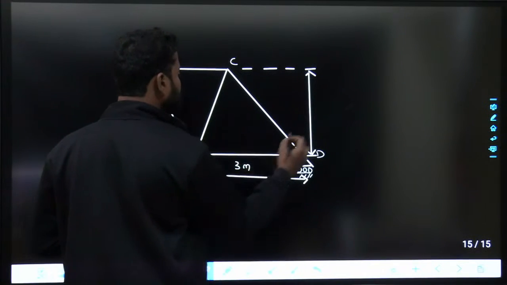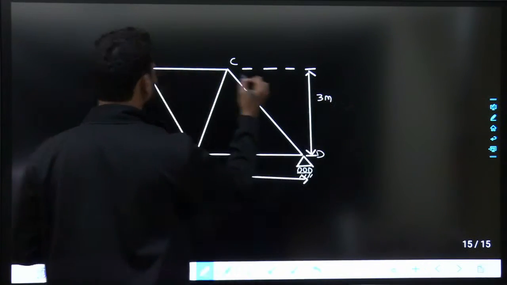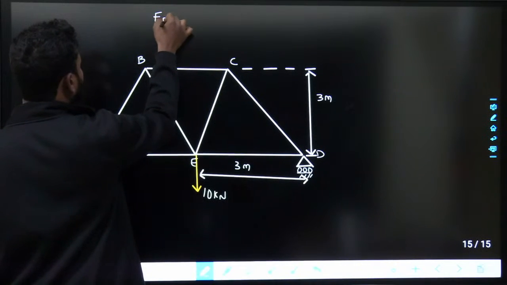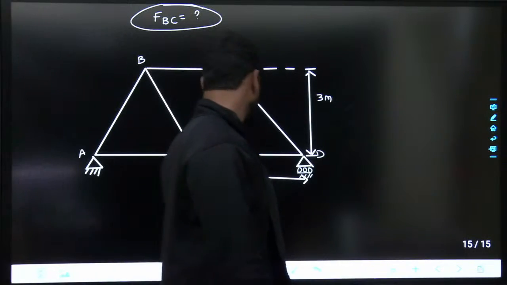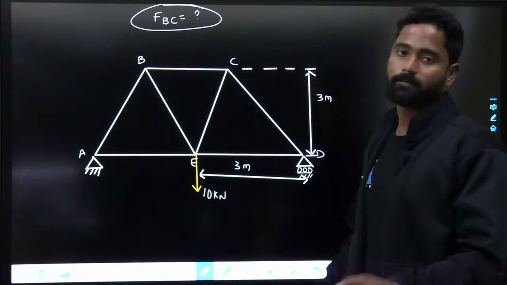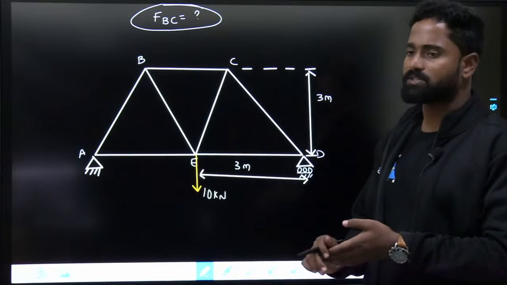This is 3 meters. This one is also 3 meters. What is the force in member BC? By using method of sections, find out the force in member BC. That is what he is asking. Please try once.